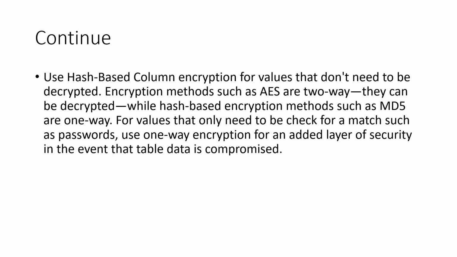Okay, so I guess this will be the last. The third hardening tip is to use hash-based column encryption for values that don't need to be decrypted. Encryption methods such as AES are two-way, meaning they can be decrypted, while hash-based methods such as MD5 are one-way.